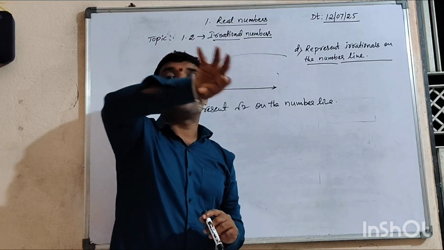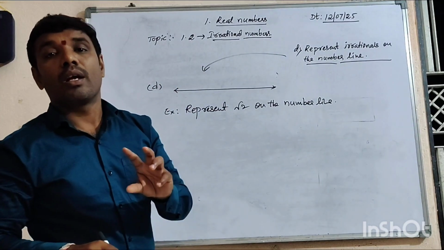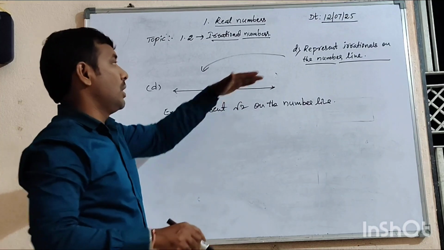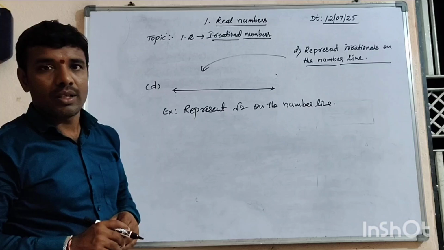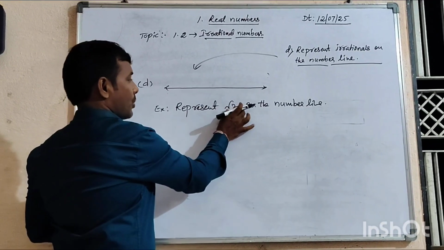There is a little bit of vacancy there to fulfill irrational numbers also. That's why this title is available in 9th class. Got it? Now, how to represent root 2 on the number line?